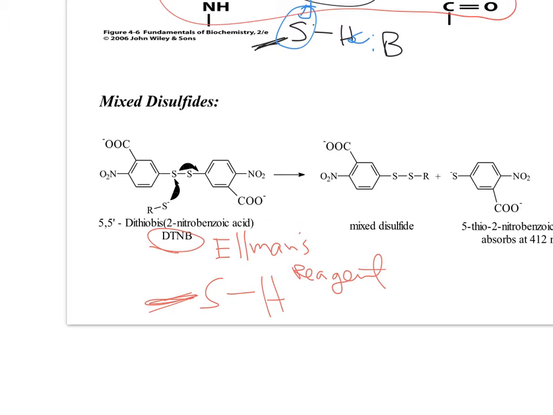The way this works is a sulfur from a cysteine, for instance, gets deprotonated by some kind of base. It could be either OH minus if it's just pure water, or another molecule capable of accepting a proton from the cysteine.